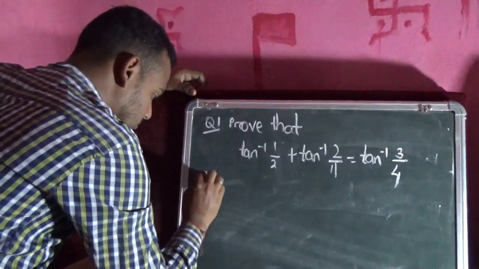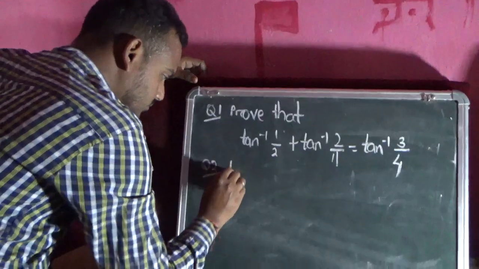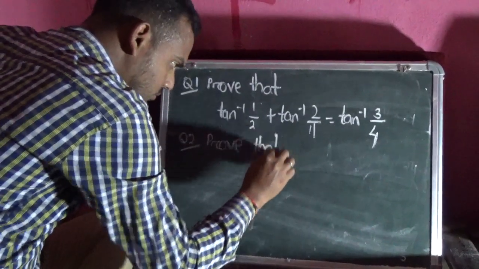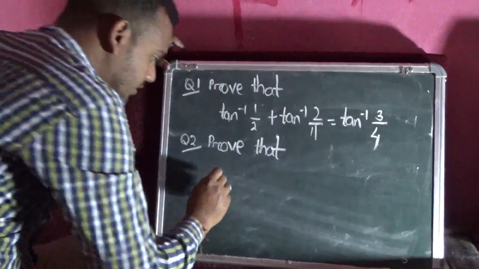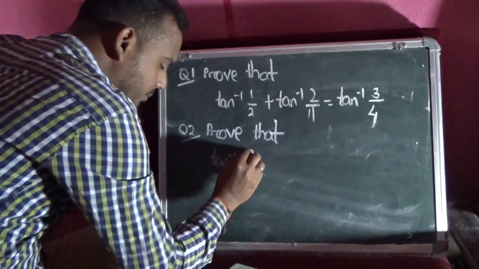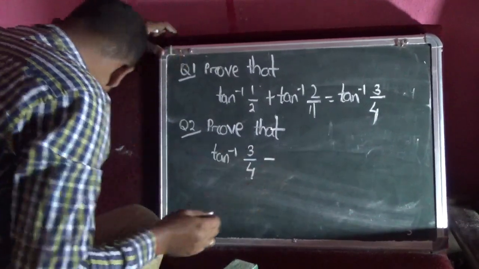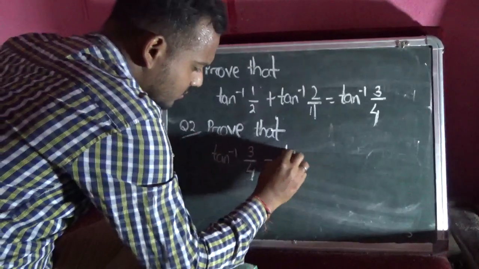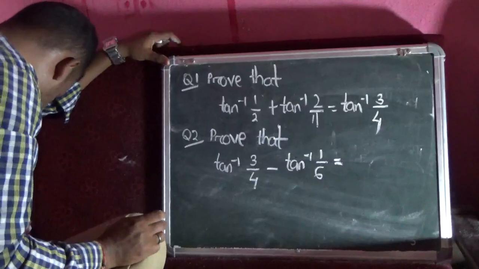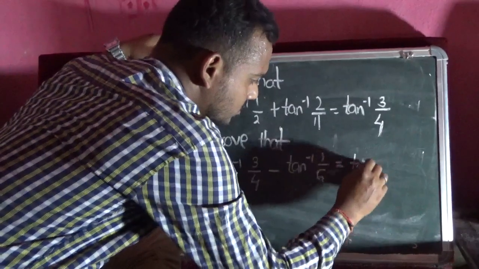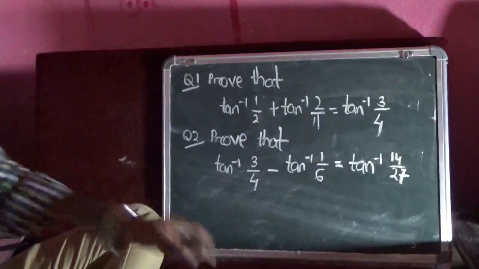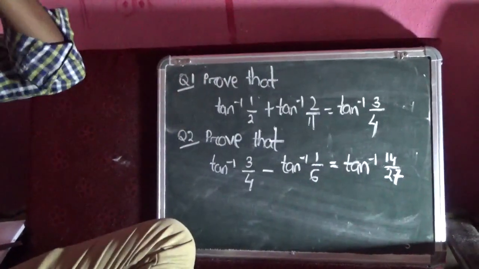And another question: prove that tan inverse 3 by 4 minus tan inverse 1 by 6 equals tan inverse 14 by 27. So these are your homework.